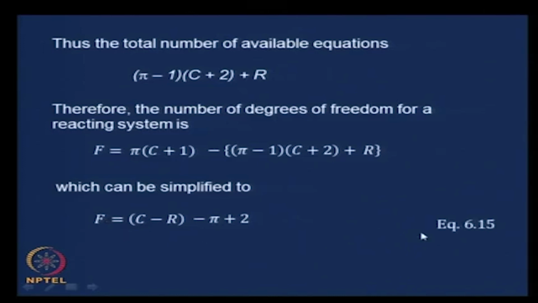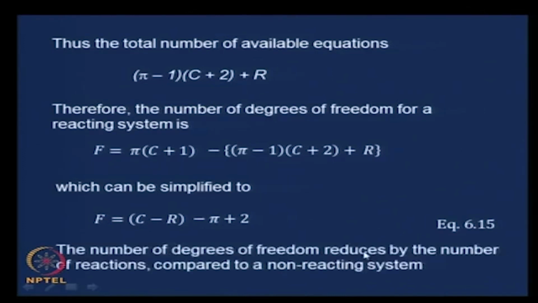Let us call this equation 6.15. As can be seen, the number of degrees of freedom reduces by the number of reactions compared to a non-reacting system. See you in the next class.